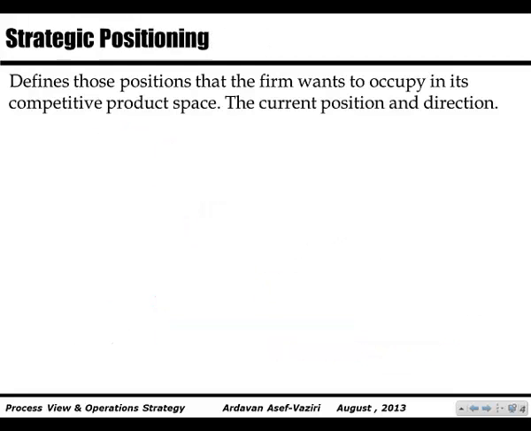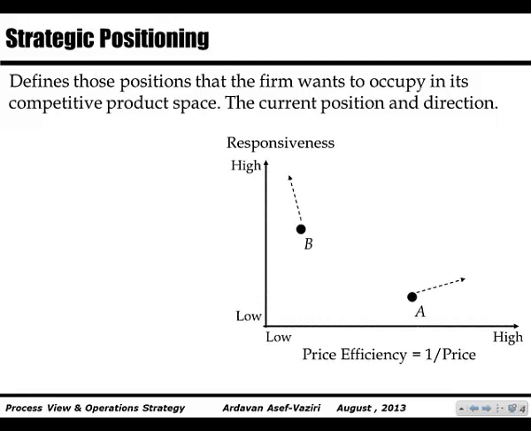Strategic positioning defines those positions that the firm wants to occupy in the competitive product space, the current position and the direction. Here we show two firms in a two-dimensional space of responsiveness and price or cost efficiency.